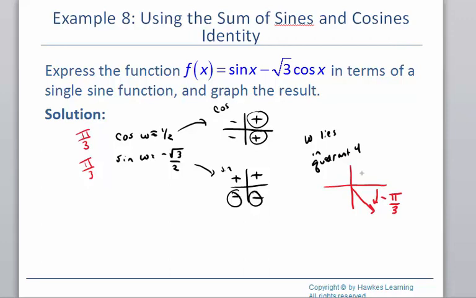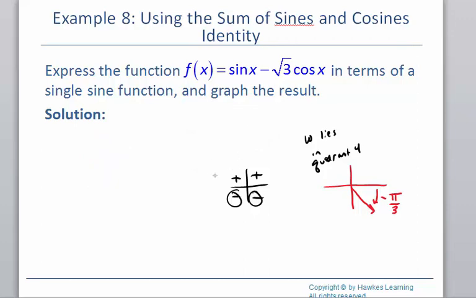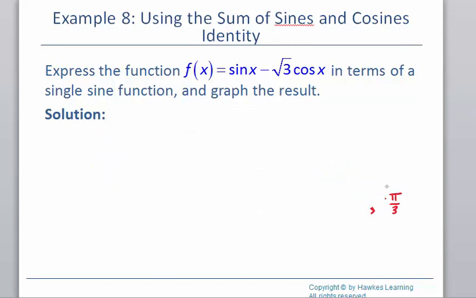All right, so let's sort of summarize what we know and let's finish this problem up. All right, so I know that my angle is equal to negative pi over 3. I know that my square root of a squared plus b squared, we found that to be 2. We know that the a is 1.